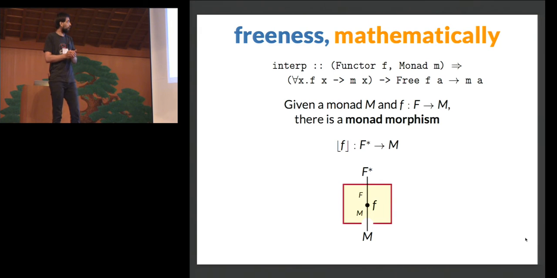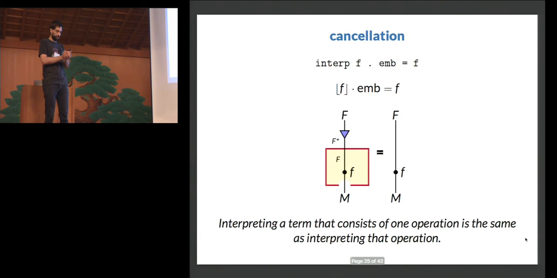All right, so what are the laws that need to be satisfied? So if someone's interested in recursion schemes, they will surely recognize at least the names of the laws and general shapes of the laws. So the first one is called cancellation. And intuitively, it says that if you have a single operation and you wrap it, embed it into the monad, we understand it as a single operation term, and then we interpret that term.